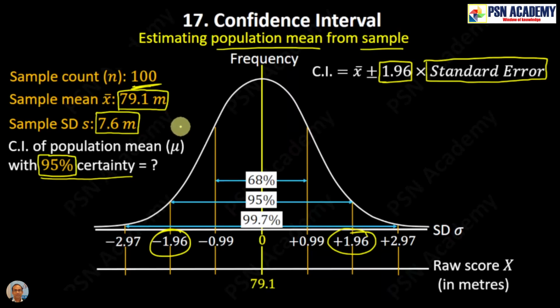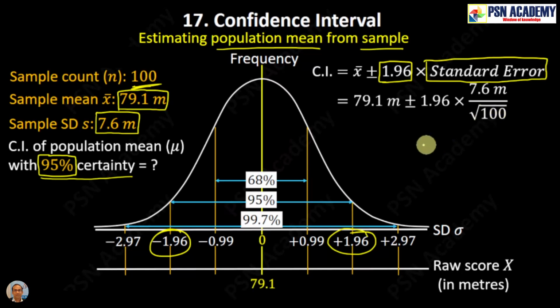But at this moment, since you have only one sample, this should be penalized by the standard error. And the standard error will be 7.6 meters by root 100. That means your sample standard deviation is divided by root of small n. And ultimately you get plus minus 1.49 meters.